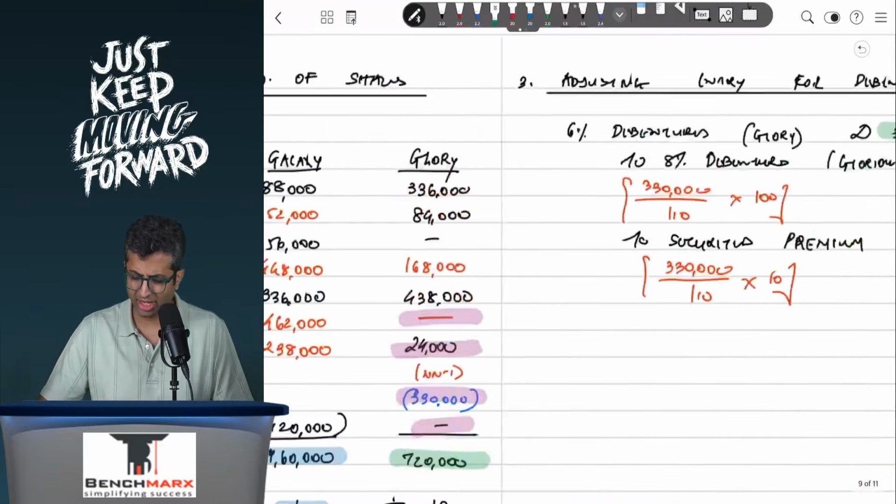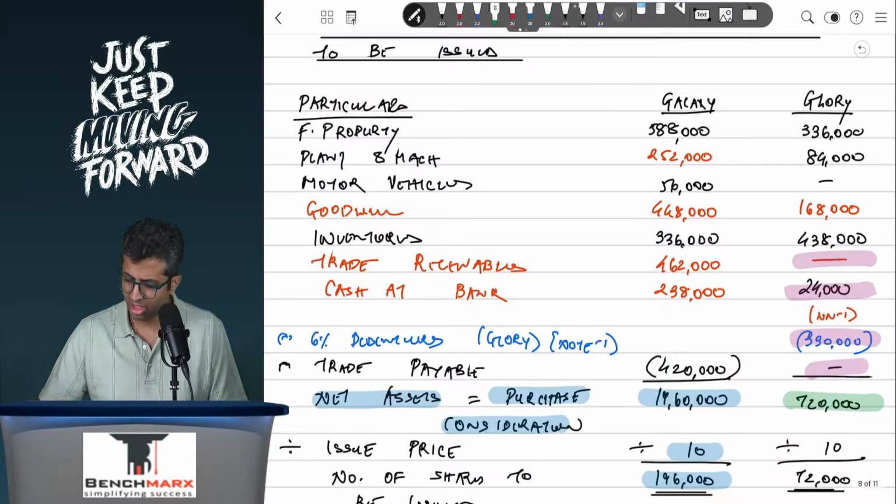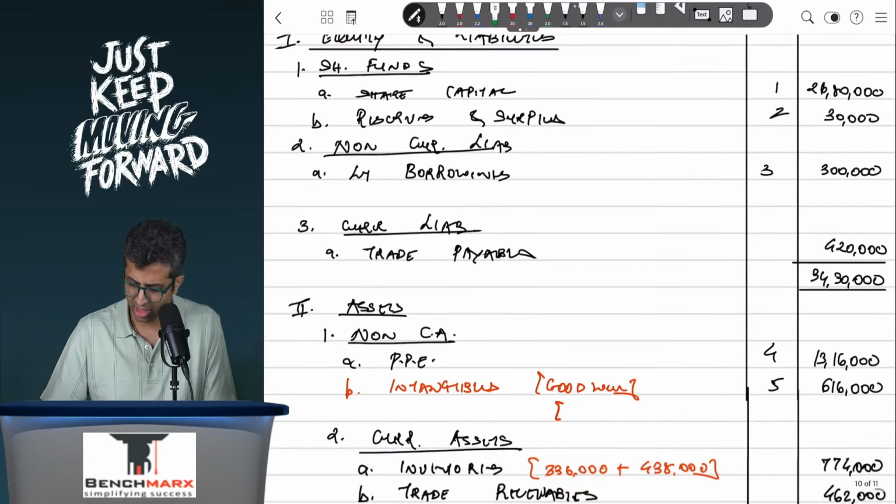Now when you look at the balance sheet of Glorious, it is just a total of 588 plus 336, that is property 924. Then you have 252 and 84, 336 for plant, and 56,000 for motor vehicle. So this is 13 lakh 16,000.